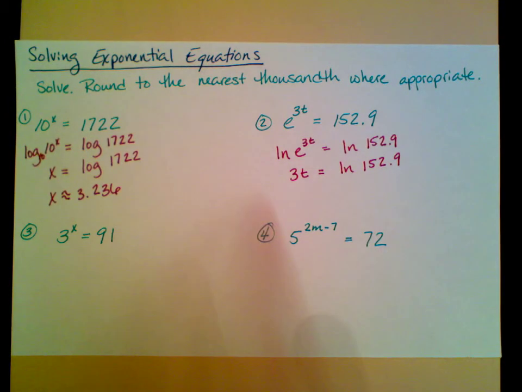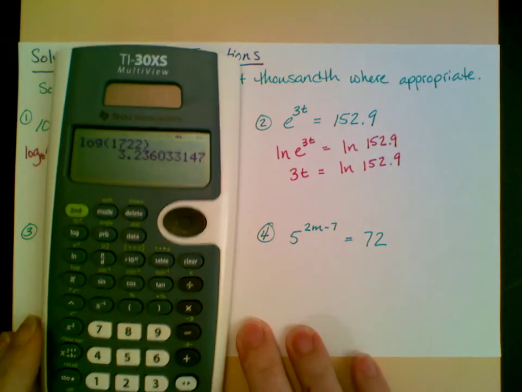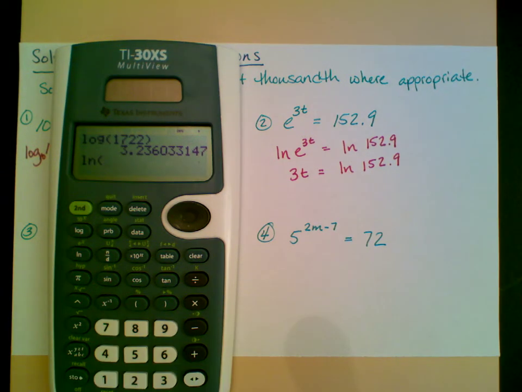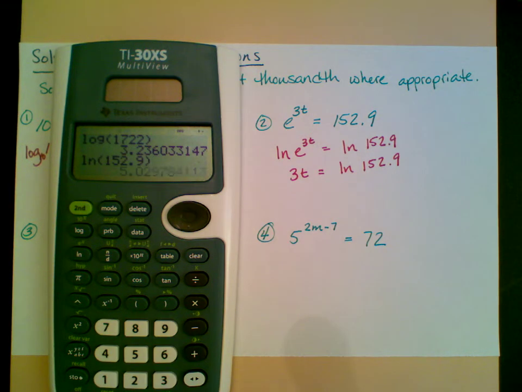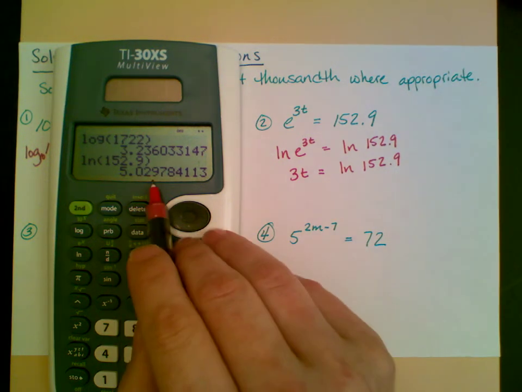So now, again, I want to get my calculator out for this decimal approximation. The natural log of 152.9 is 5.029.